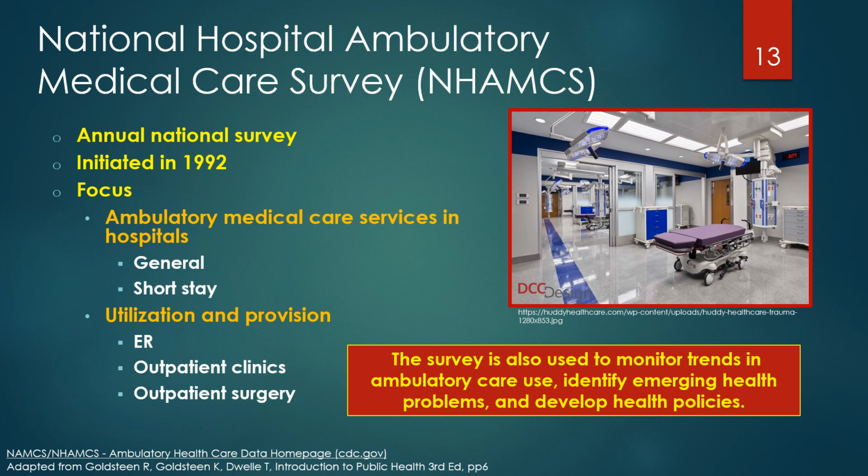The survey is designed to provide information on the characteristics of patients who visit hospital emergency and outpatient departments, the services provided, and outcomes. The survey is also used to monitor trends in ambulatory care use, identifying emerging health problems, and develop health policies.